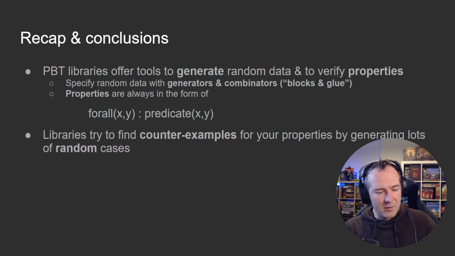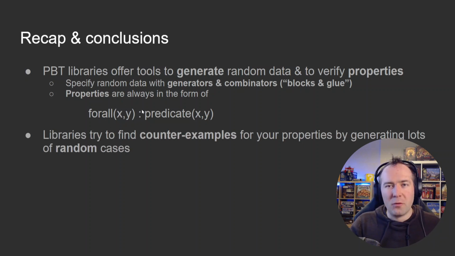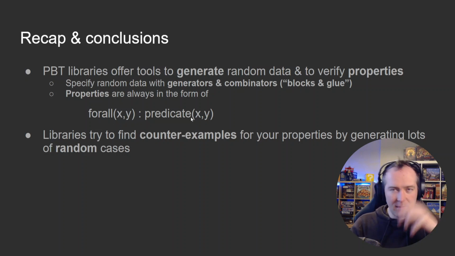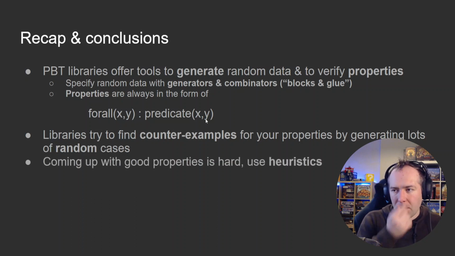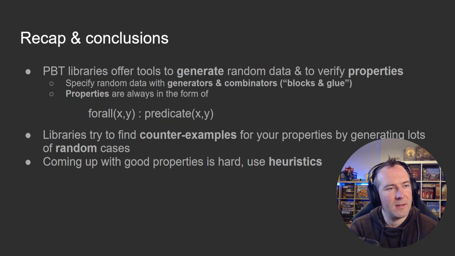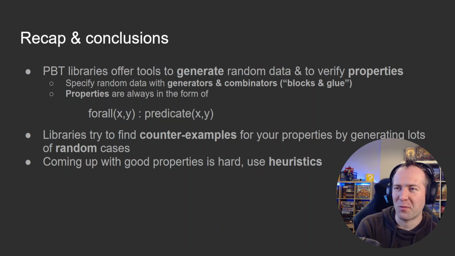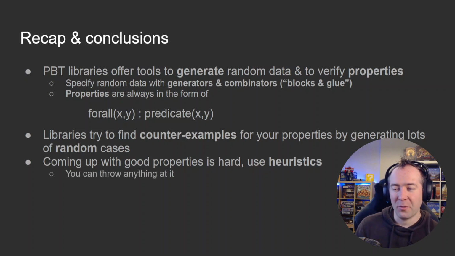And what these libraries do is they generate a lot of random data in the way you define in your generators, and they feed it to your predicate, and they try to come up with a counterexample, right? I think the summary for property-based testing is it's very hard to come up with good properties, so you need some rules of thumb like we discussed. You can throw anything at it, so the program handles it gracefully.